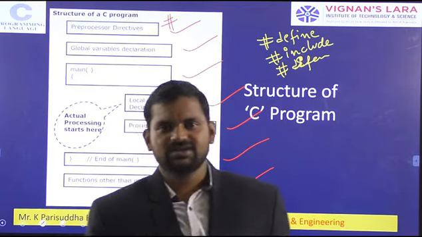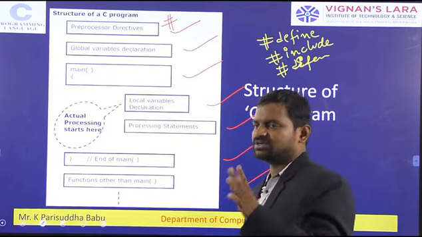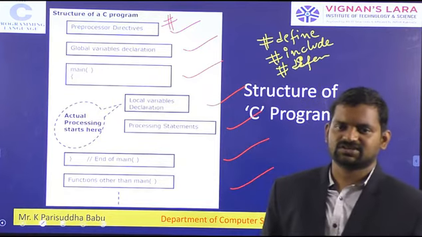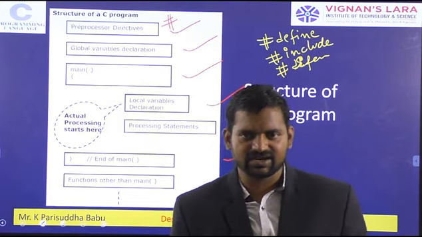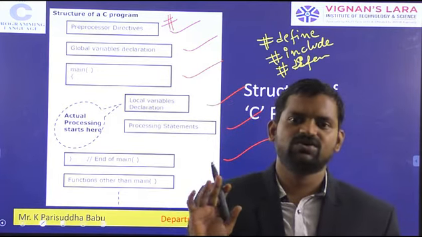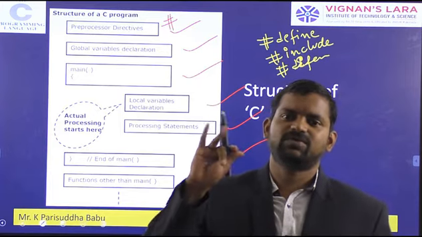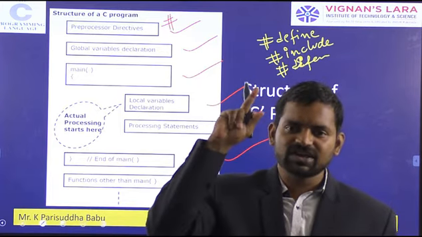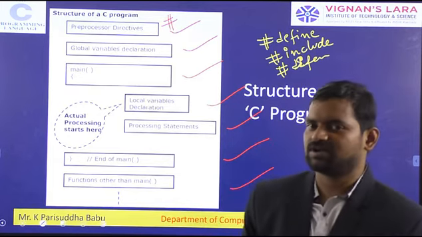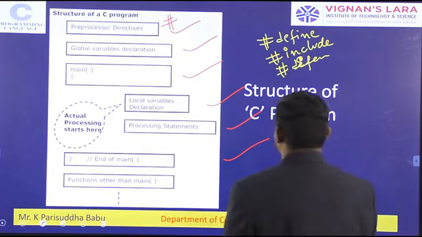Preprocessor directives are already defined, and their meaning will not be changed. If you use a preprocessor directive, you have to use the hash. They are used at the beginning of every program.